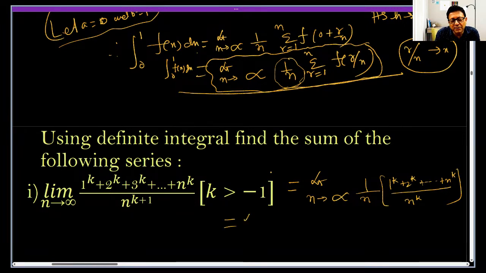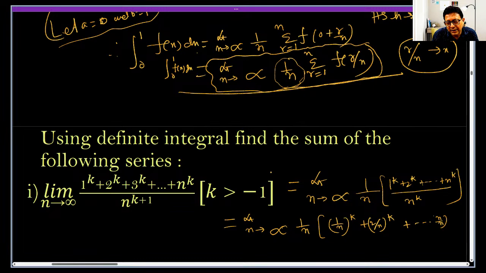So this is nothing but limit n tending to infinity, 1 by n. This you write 1 by n to the power k, 2 by n to the power k. See what is changing over there?